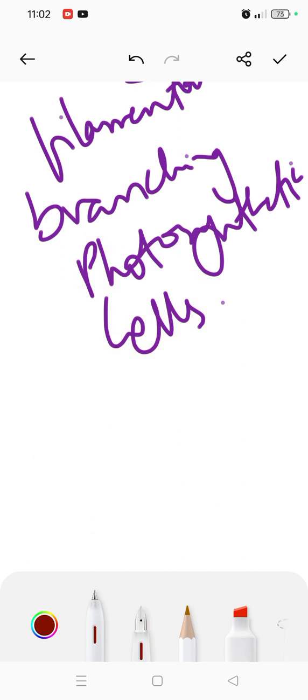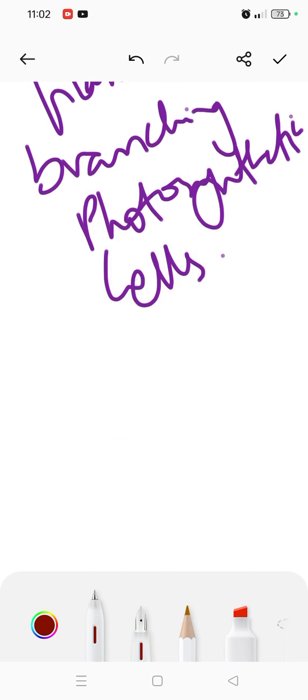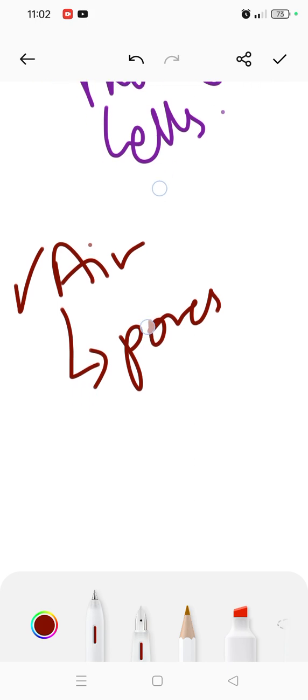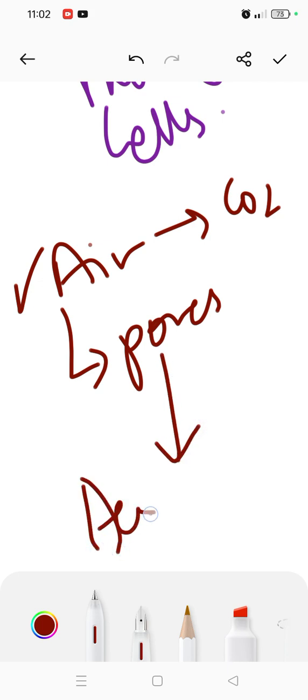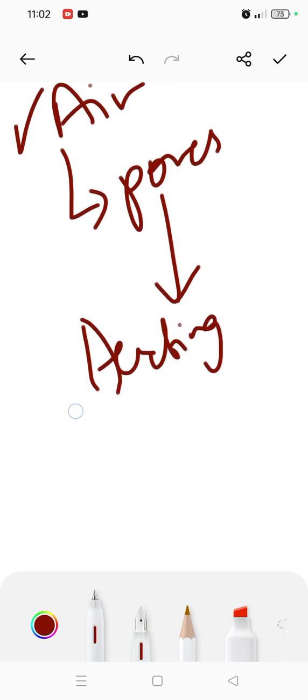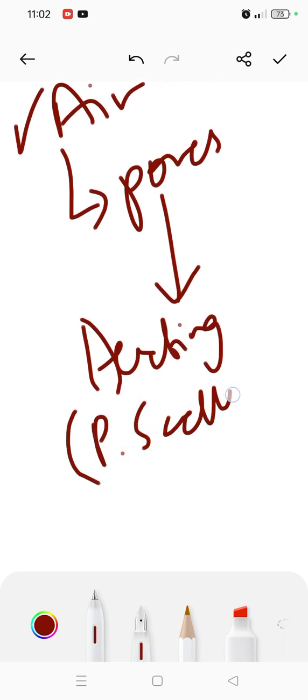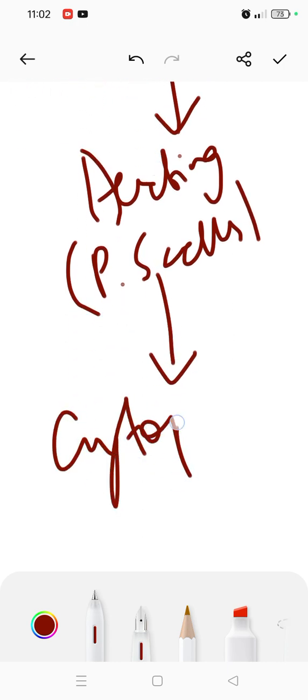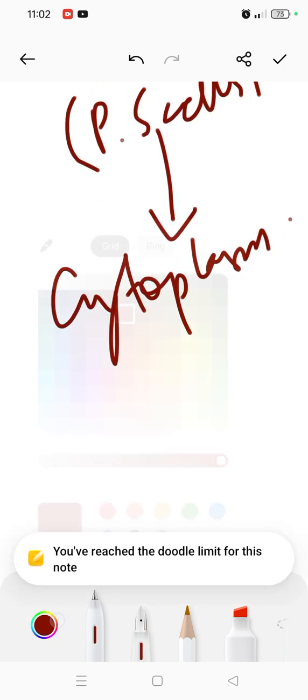Air, which has CO2, enters into the pores, and then the CO2 from air is absorbed by these photosynthetic cells and diffuses into the cytoplasm. So I'm sure it's clear to you. Now let's move toward the fourth.